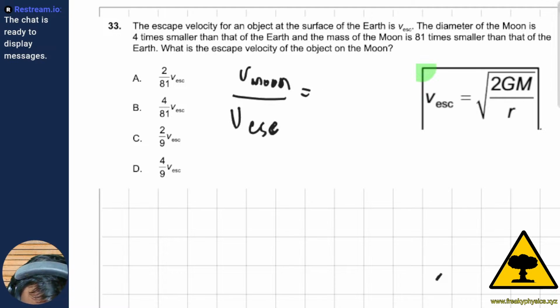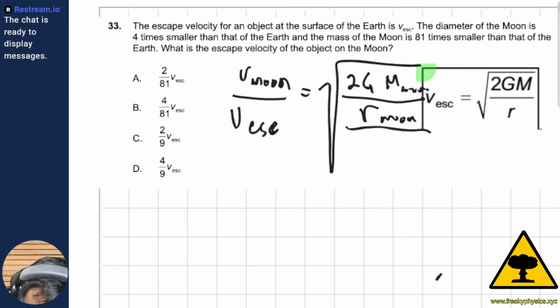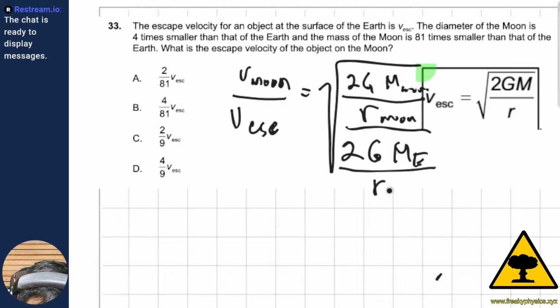It's gonna be, well, shortcut, a big square root of 2G times the mass of the moon over the radius of the moon, over 2G times the mass of the Earth over the radius of the Earth.